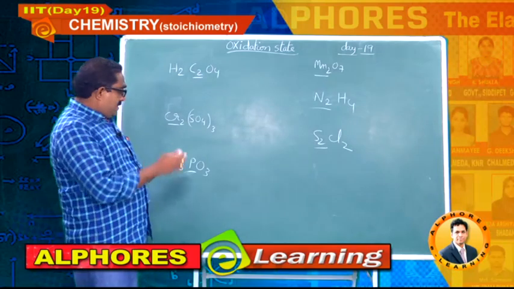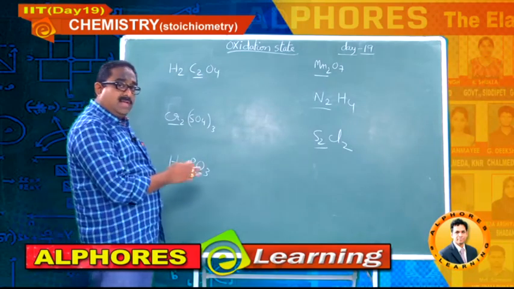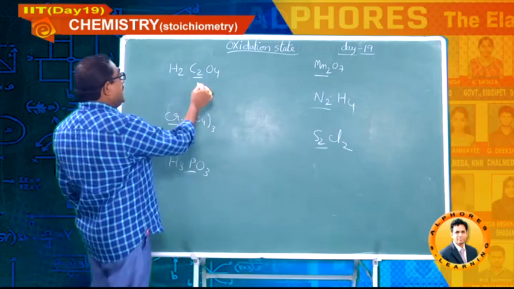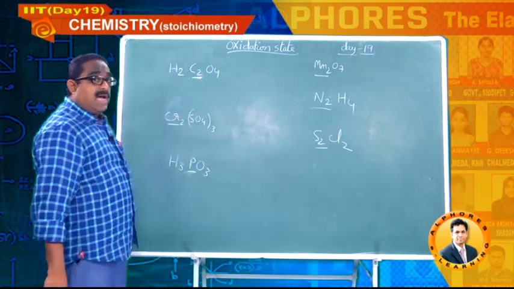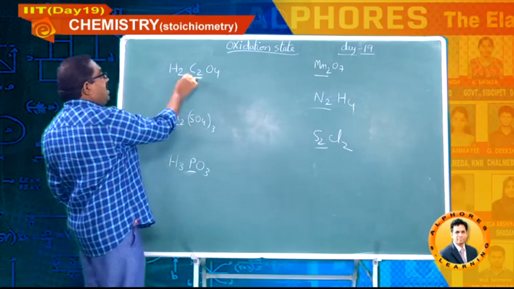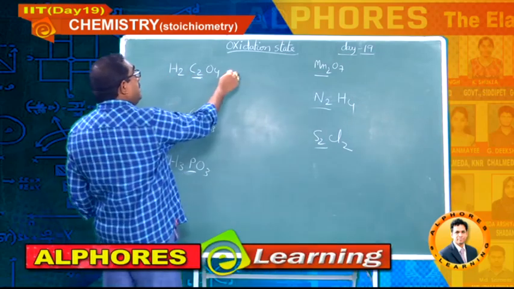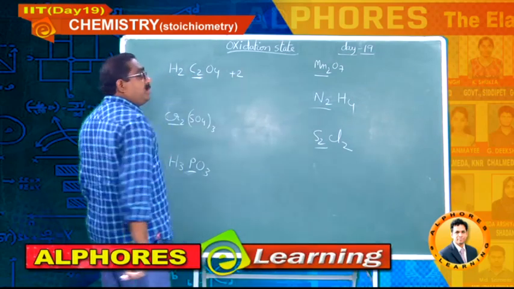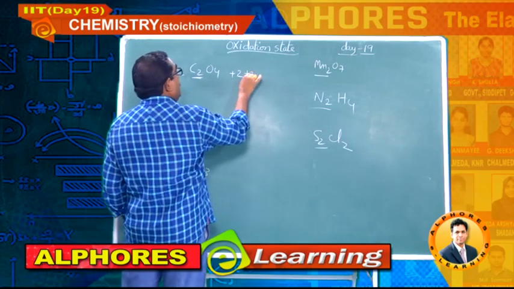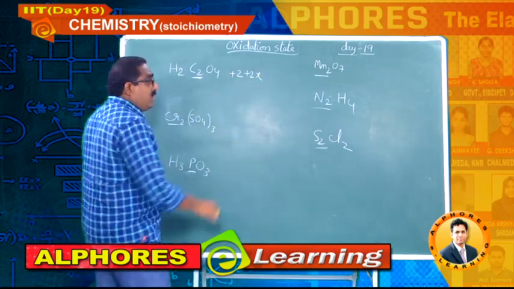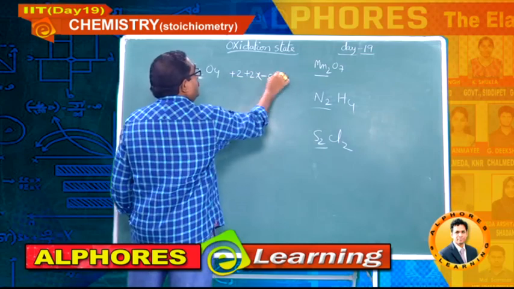Okay students, let me finish off these 7 and then we will go for the next set. Here I have to calculate for carbon. This is oxalic acid. So I am doing the calculation: for 2 hydrogens plus 2, for 2 carbons 2x, for 4 oxygens minus 8, equals to 0.